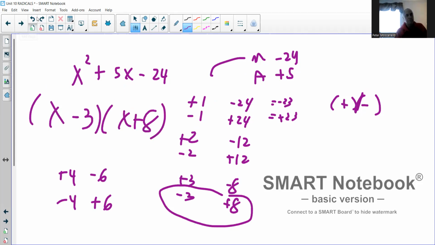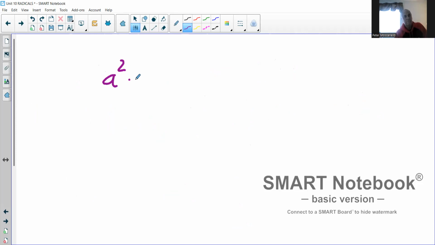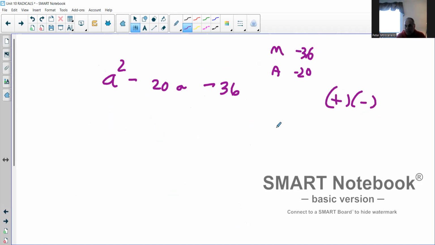All right, one more for you to do. 20A, try that. All right, multiplies to a negative again and adds to a negative. Well, to multiply to a negative, you need a plus and a minus. So plus 1, negative 36, negative 1, positive 36, 2, negative 18, negative 2, 18.